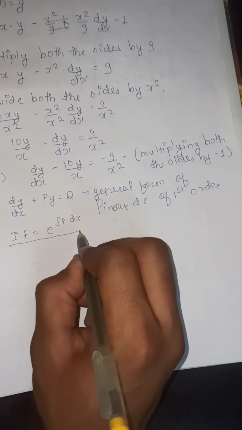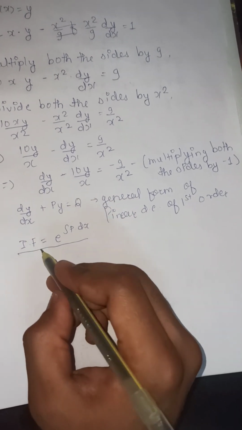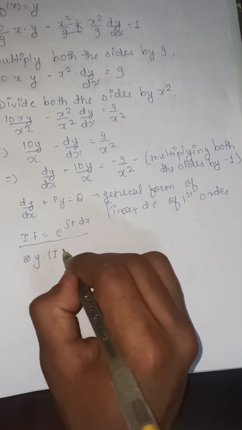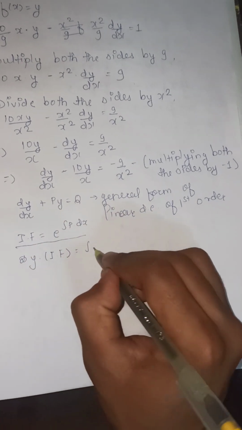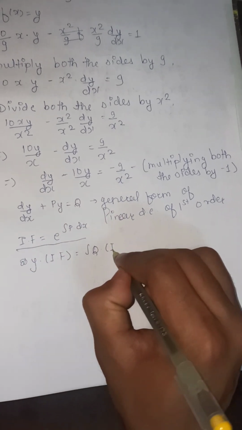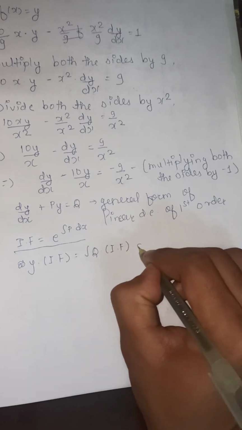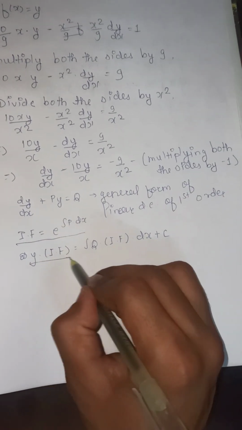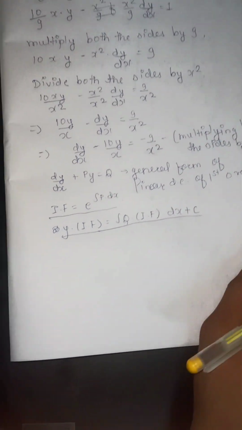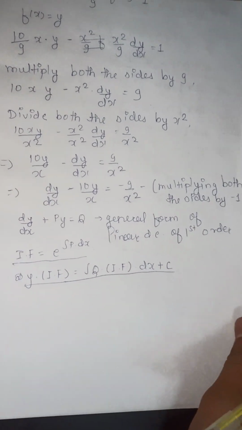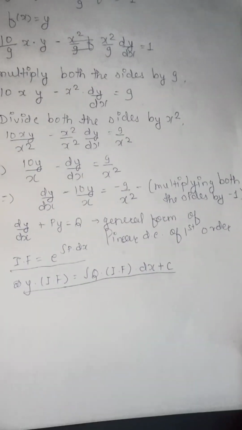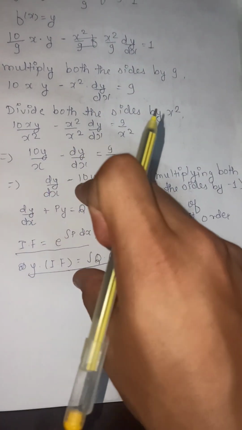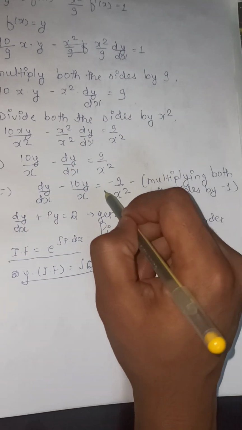After we get this integrating factor, we solve the differential equation: y times integrating factor is equal to integral of q times integrating factor dx plus c. Finally we get y as a function of x. So the similar thing, we are going to apply this generality to our problem.